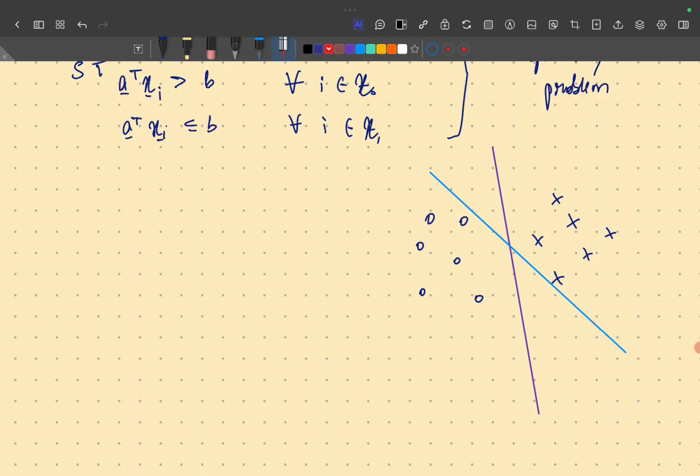There are reasons, when you study classification from a machine learning perspective, why you prefer this classifier over this classifier. We'll not get into that. If you've taken the machine learning course, then in principle this would have a better generalization error than this particular classifier.